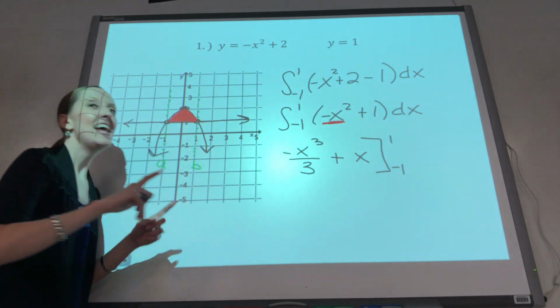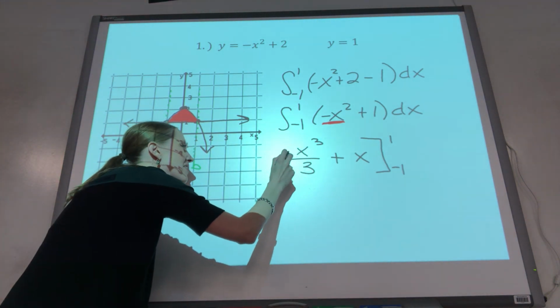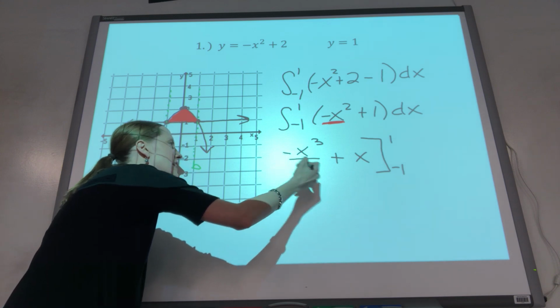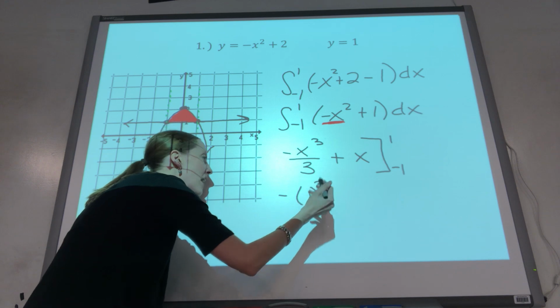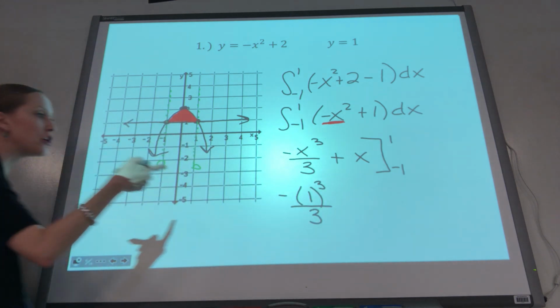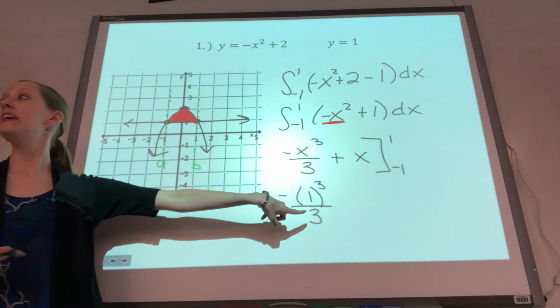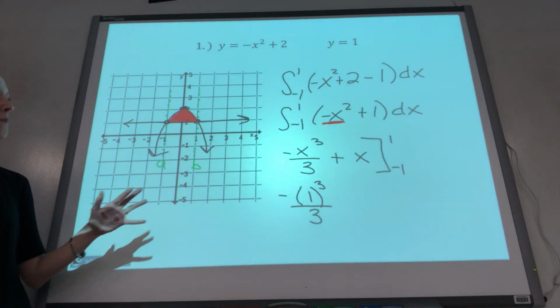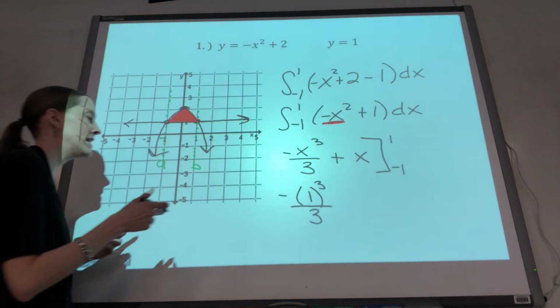The 1. Now be careful when you plug in the 1 because the negative is not really going to be with it. The negative kind of stays in front while you cube the 1. I know it's not going to matter too much right here because it's just a +1, but it'll matter when we do the second part here in a minute.